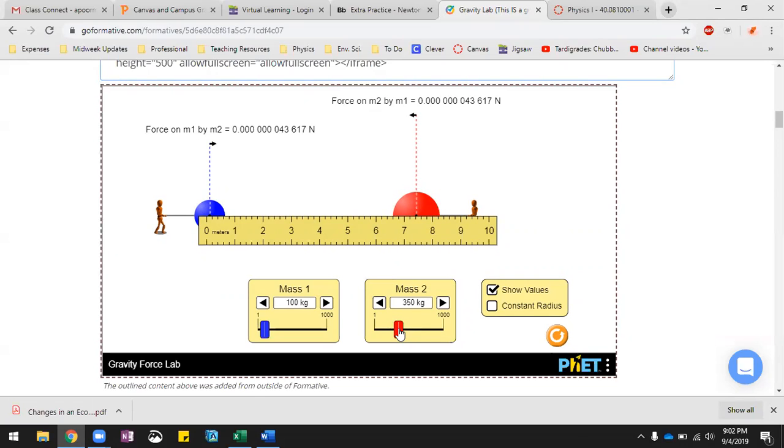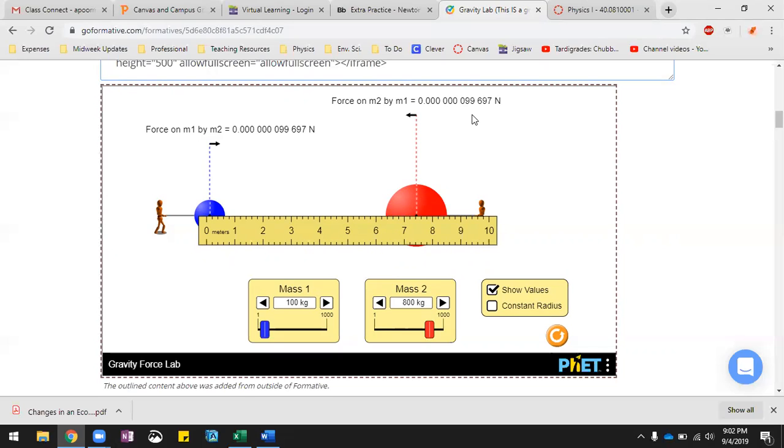And if we look above this vector, we see the force on mass 2 by our first mass is 0.00000099697 newtons, right? So that's a pretty small number. It's like 9.97 times 10 to the negative 8 newtons.